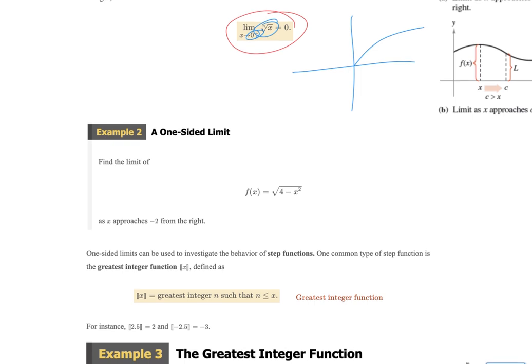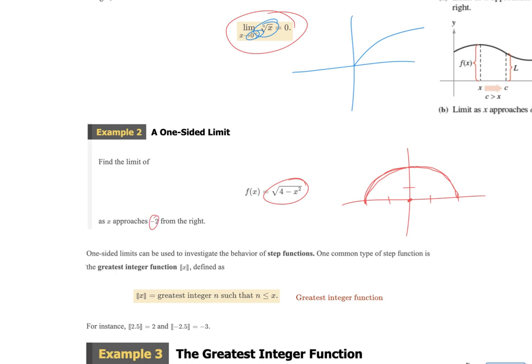Find the limit of f of x equals the square root of 4 minus x squared as x approaches negative 2 from the right. So if we were to graph this, we would see that this is actually a semicircle with the center about the origin and a radius of 2. So we're going to approach negative 2 from the right.